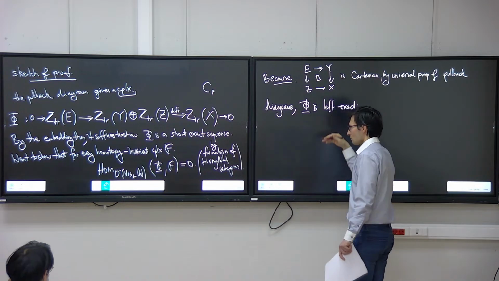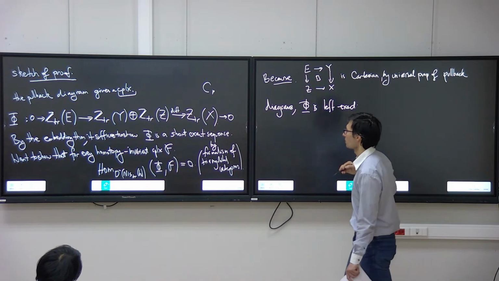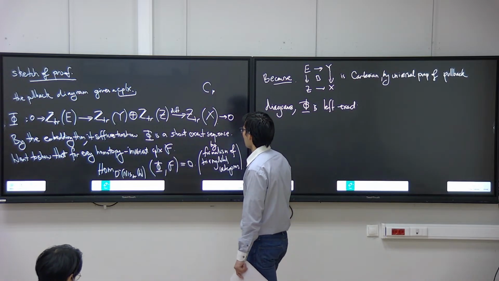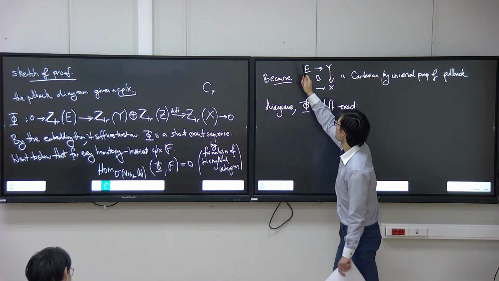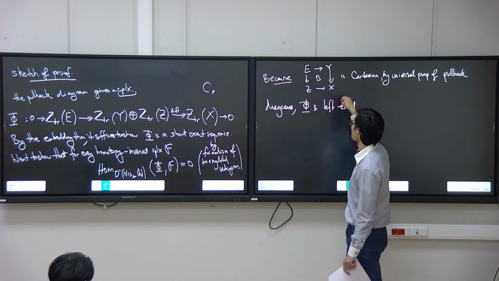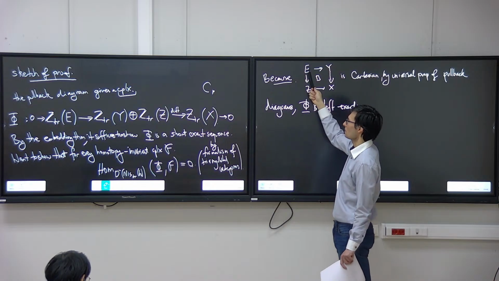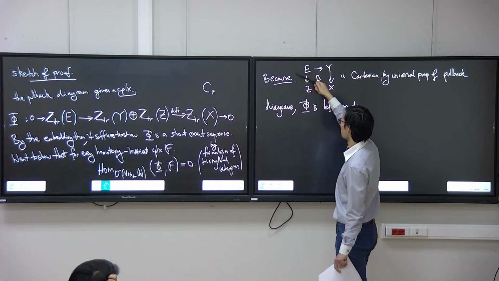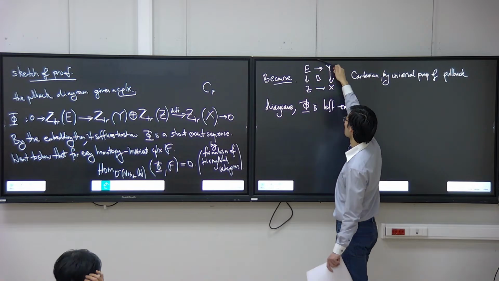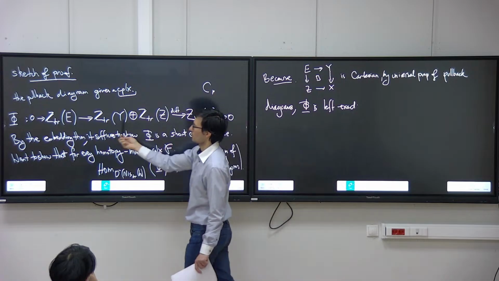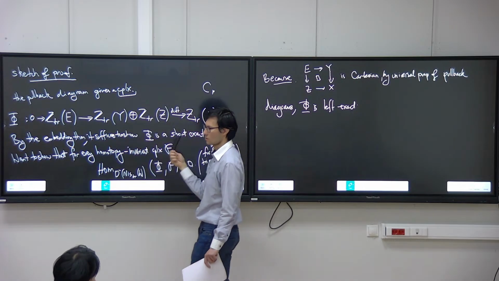I mean, it takes a few lines to write it down, but what left exact means here: what does Cartesian mean here? It means that the datum of a map from something to E is equivalent to the datum of a pair of maps to Z and Y, which mapped to the same thing in X. And that's just reinterpreting what left exact means, essentially.